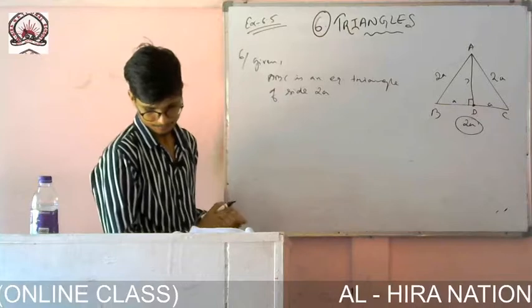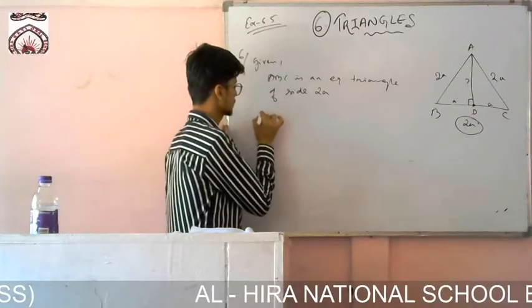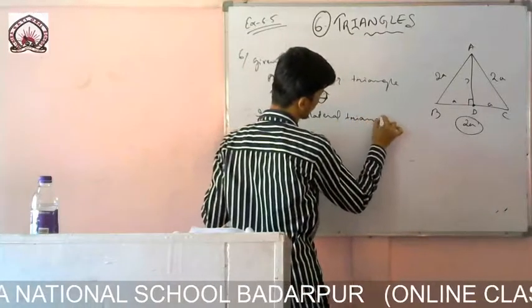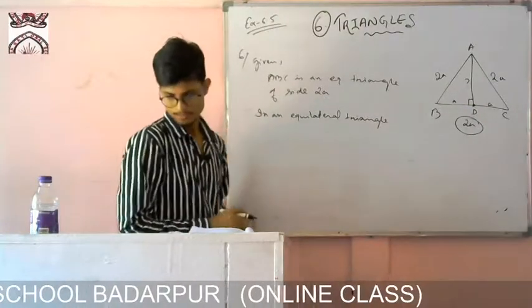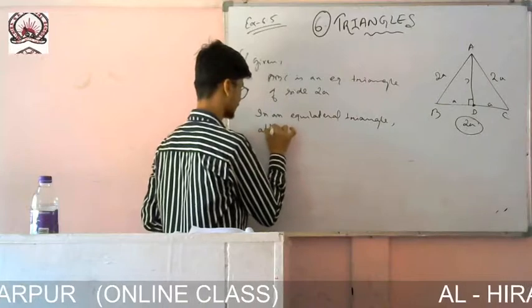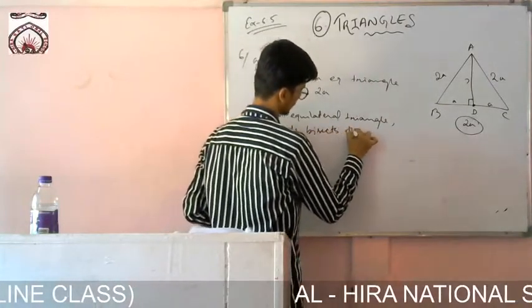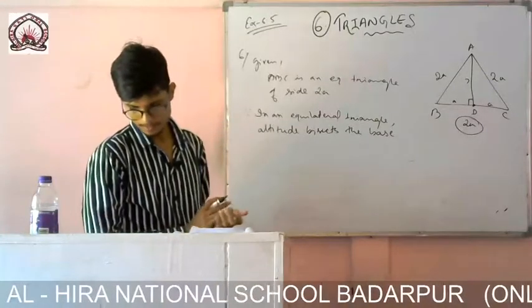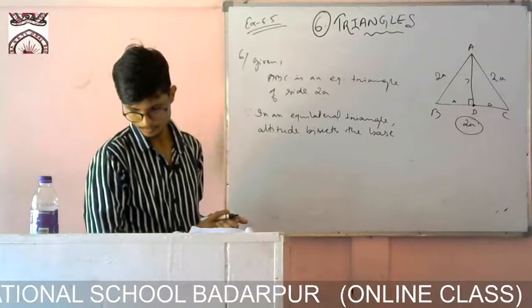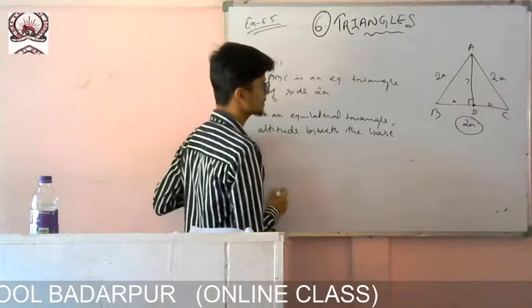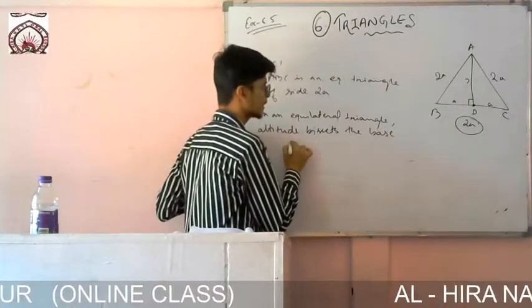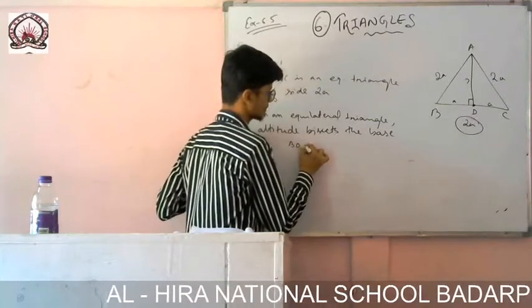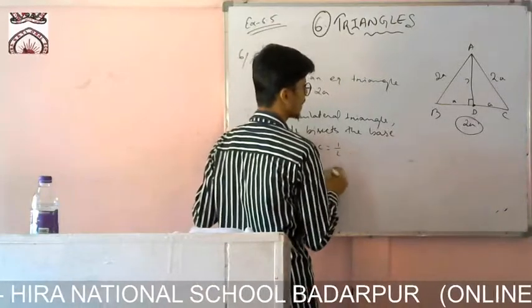Since in an equilateral triangle the altitude bisects the base, I can write like this: BD is equal to DC is equal to half of BC.